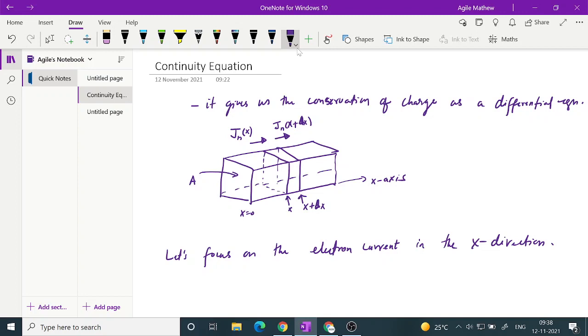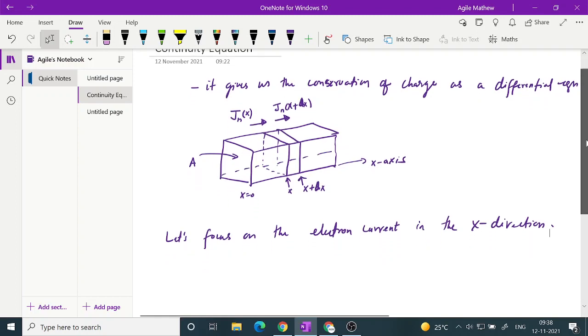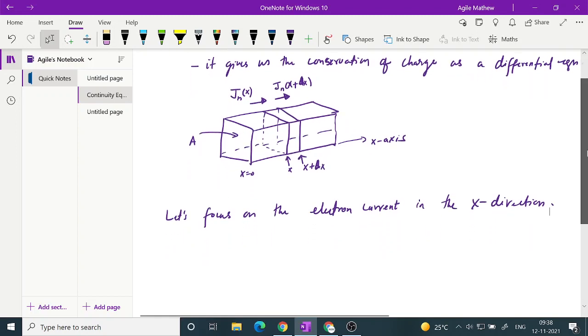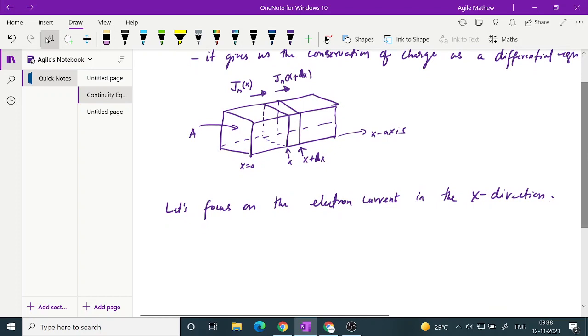So we are assuming it is some kind of function of x. Then charge conservation means that the total charge has to be conserved. So that is what we are trying to say.